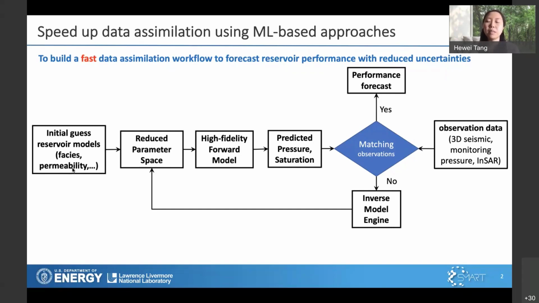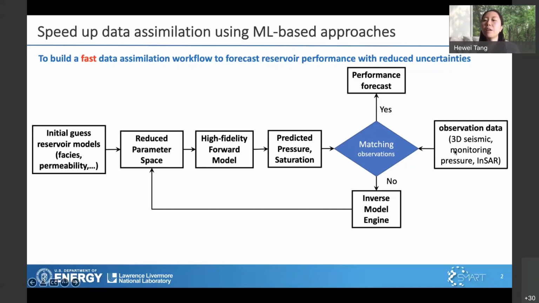reduce this parameter space that we want to calibrate, so that it can be easier for us to update them in the optimization approach. Then, from our initial guesses, we use some high fidelity forward model, mostly a reservoir simulator, to get predictions for pressure and saturation.